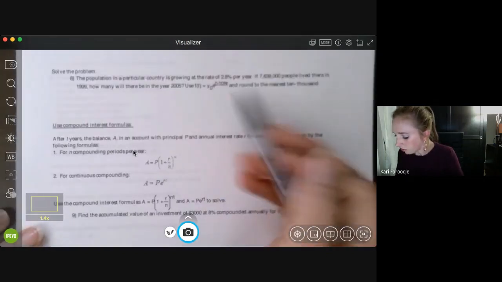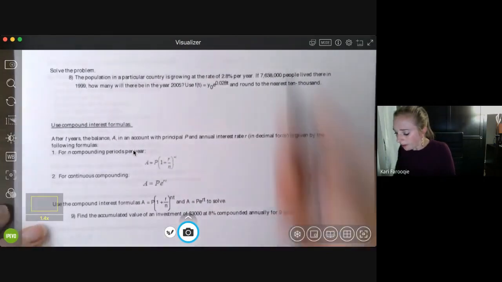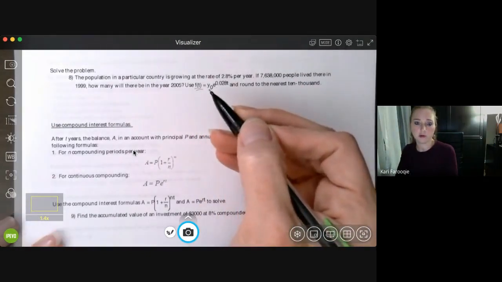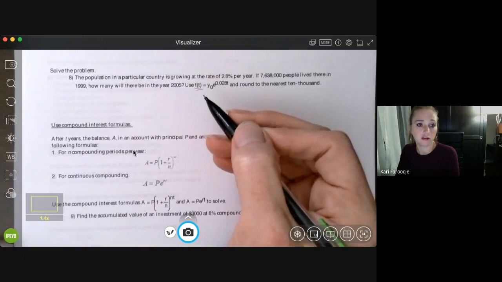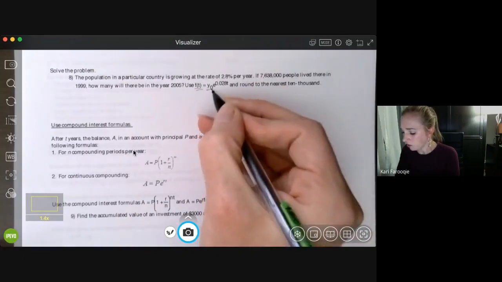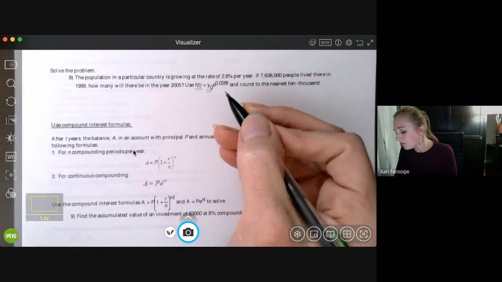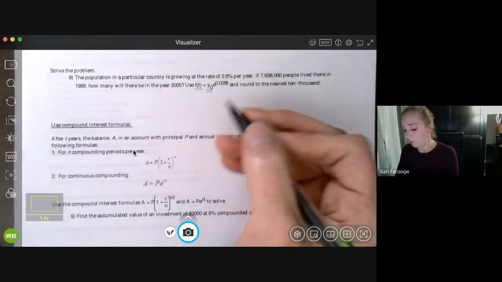We're going to use this function to determine that value. Now, this value, f of t, is going to tell you the new population in 2005. Whenever you see this y sub 0, it really means y sub naught. This is like the initial population.